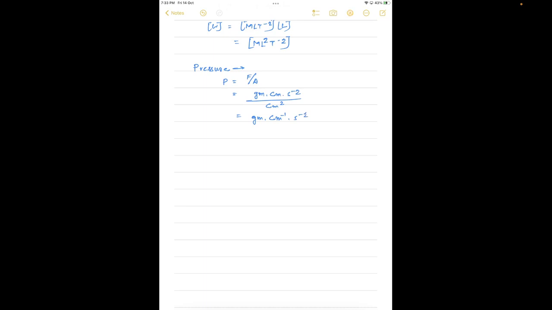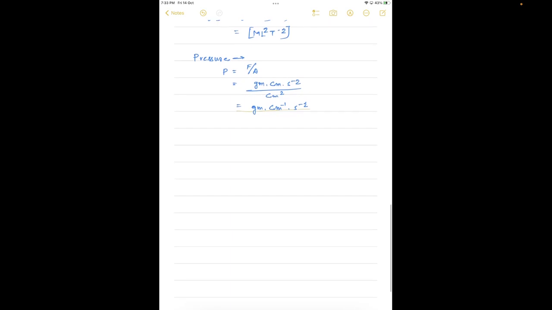This is the CGS unit of pressure, and similarly the SI unit will be kilogram meter inverse second minus 2.